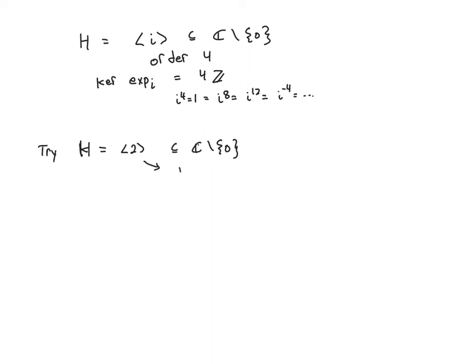It's infinite order. So the only way to get the identity is when n is 0.